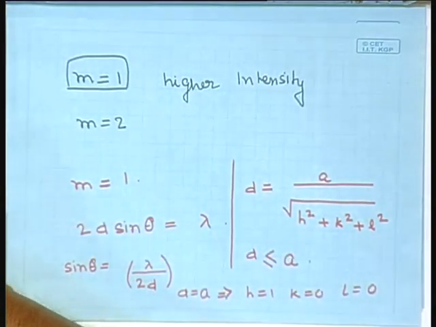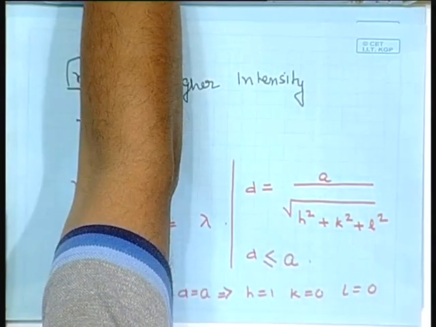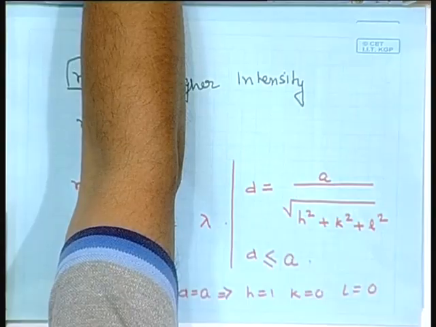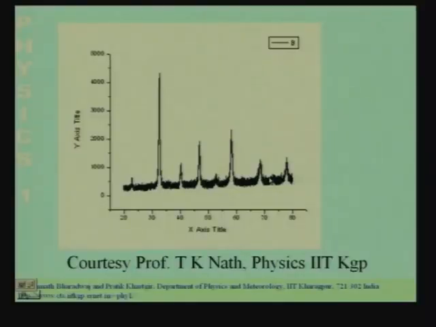We can interpret these successive lines as corresponding to larger and larger values of H, K and L, and use this to get the lattice constant, or the periodicity of this lattice.